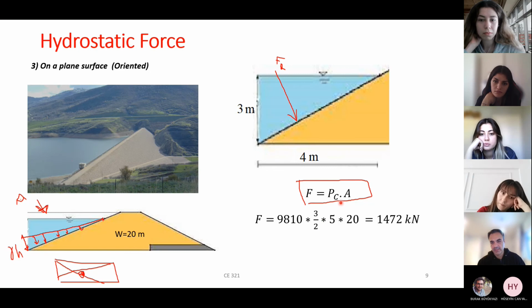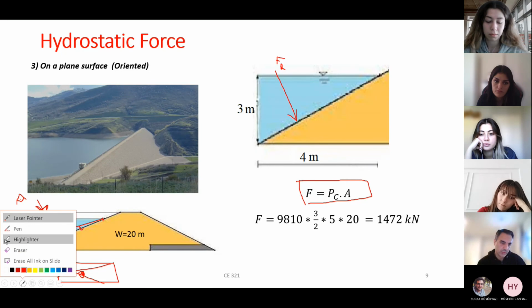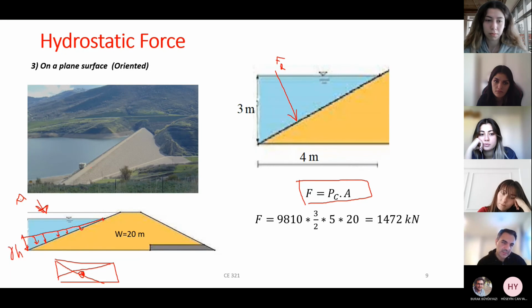What is the area? Area of this plane, this length times the width. For more clarification, I mean this length times the area which is within the water, and water acts on it.